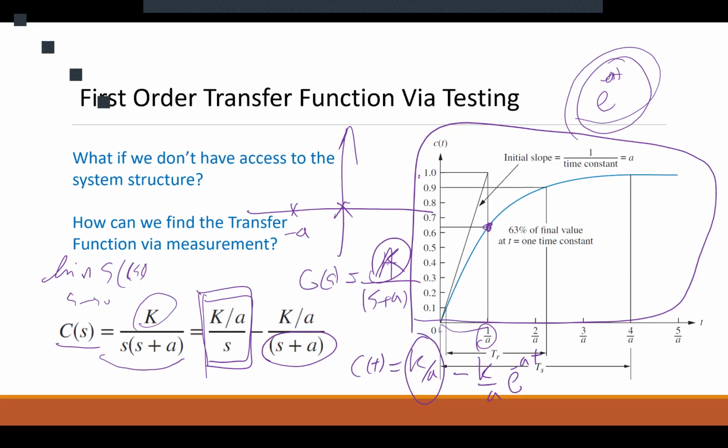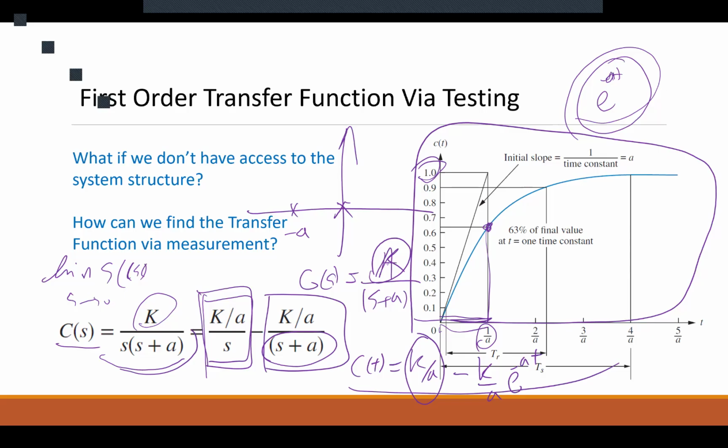It could be any number. So K over A is the final value. And from the curve, I already know what A is. So I can find K. Are we good? And if I find K, I have my function of C of t, and I have the transfer function of the system.